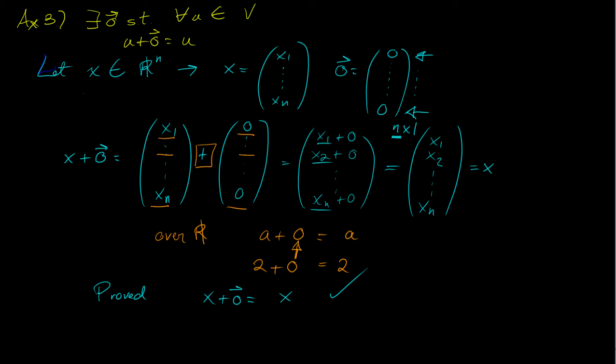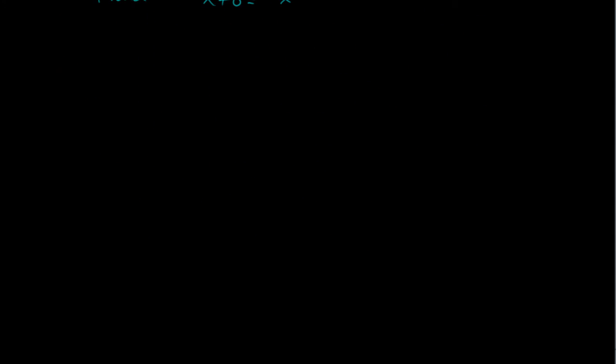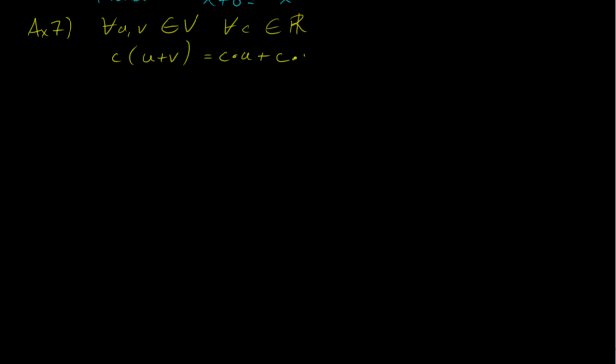Now let's do maybe one last one. Let's do axiom 7. What does axiom 7 say? It says that for all u and v belonging to V, and for any scalar c that belongs to the real numbers, c scalar multiplied by u plus v is equal to c scalar multiple u plus c scalar multiple v.